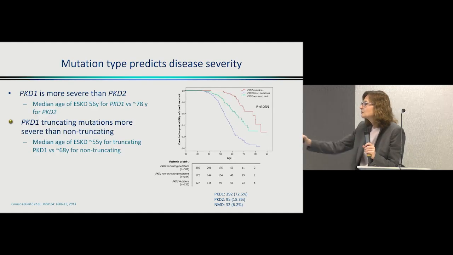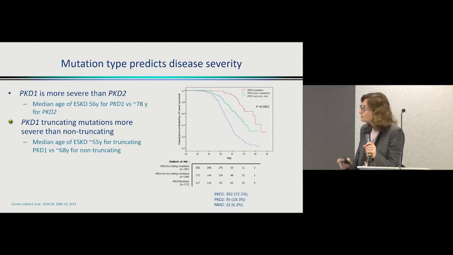And you can see that the curve is moved to the right, and that's in comparison to those with PKD1 mutations that are truncating, meaning that there's probably no protein made, in the blue, and you can see that those people develop end-stage kidney disease almost 2 decades earlier than those with PKD2.